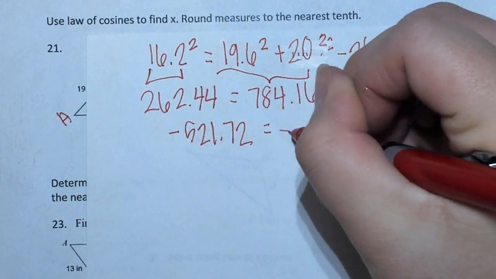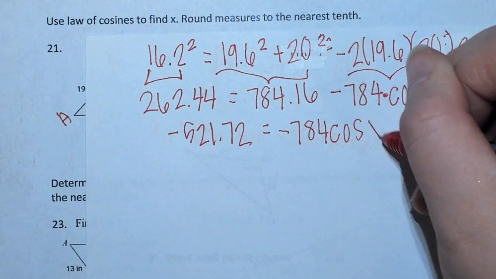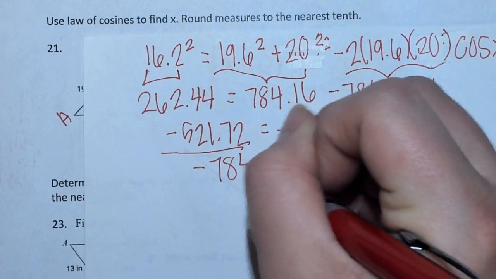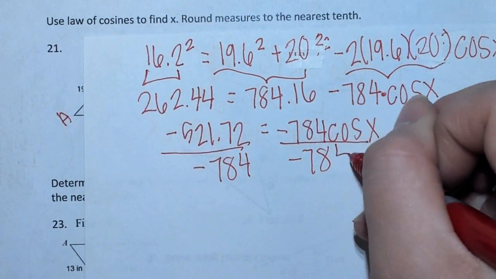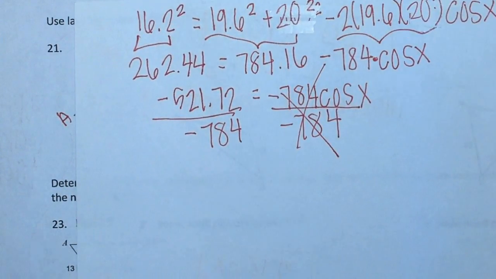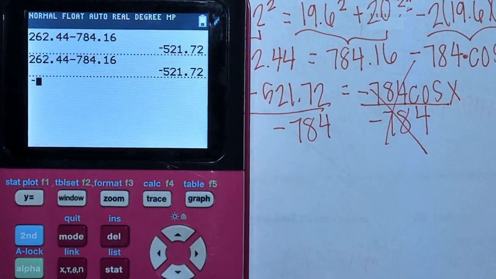All right, equals 784 cosine of x. To get this over, I have to divide. This cancels. So now I'm plugging all this in. Negative 521.72.